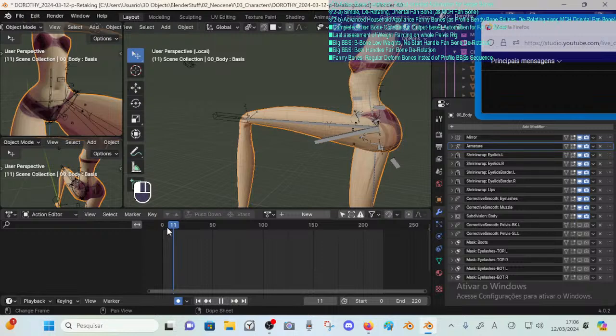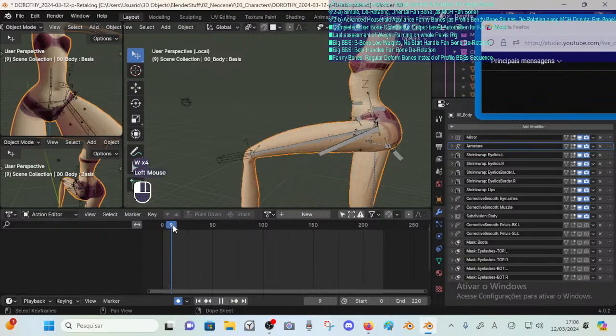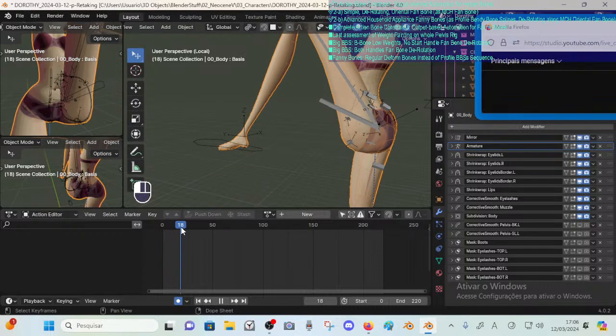It's a bit bizarre. Yeah, we can probably improve the volume redistribution.